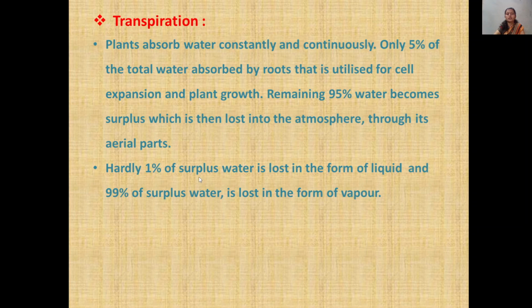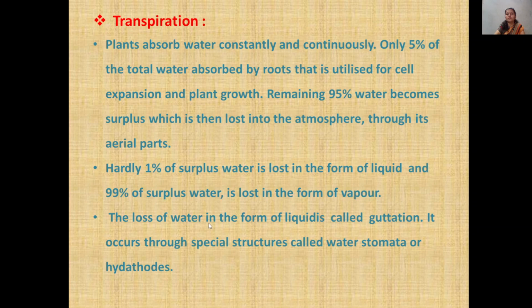Hardly 1% of surplus water is lost in the form of liquid and 99% of surplus water is lost in the form of vapor. The loss of water in the form of liquid is called guttation, and it occurs through special structures called water stomata or hydathodes.